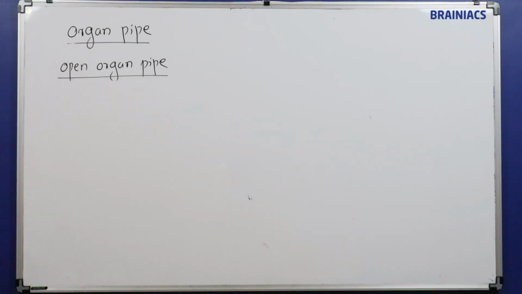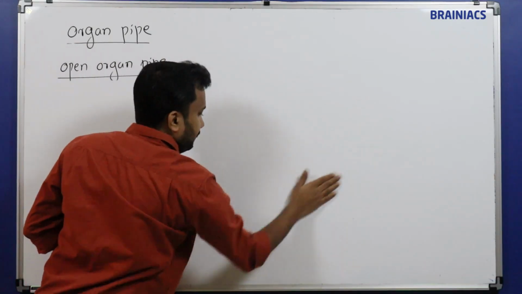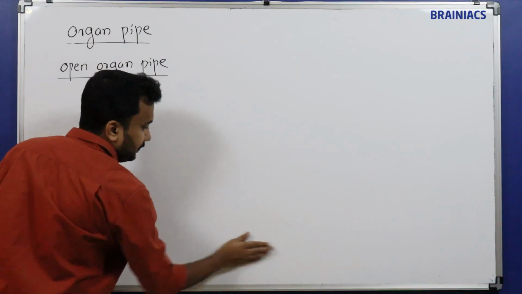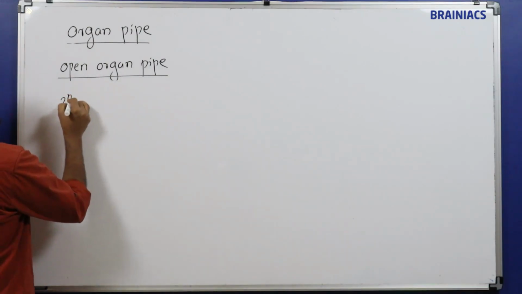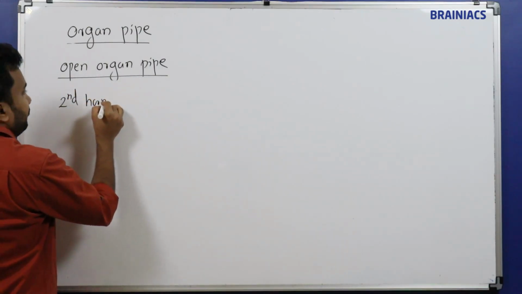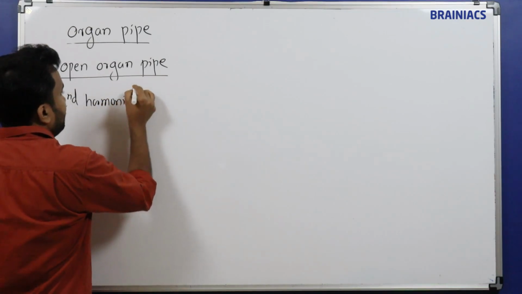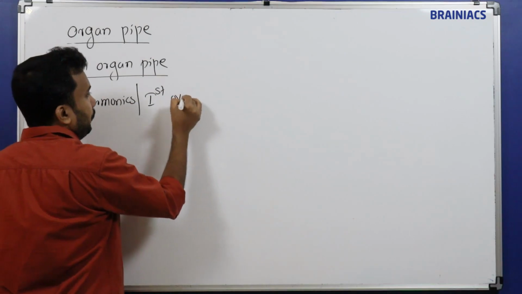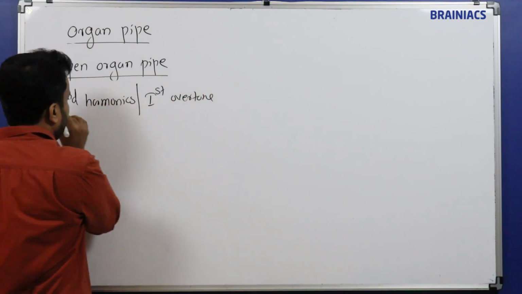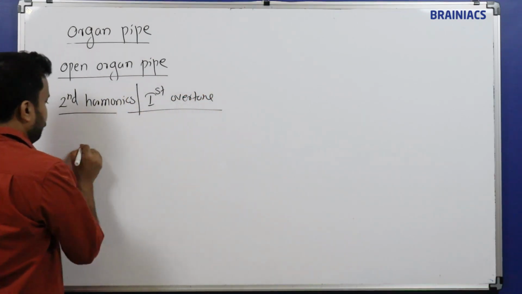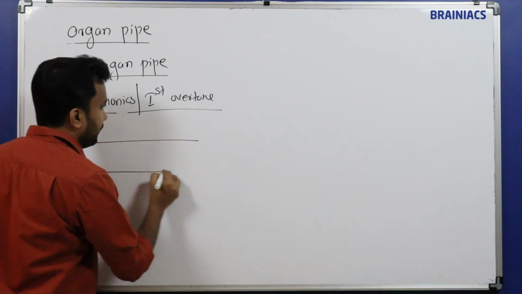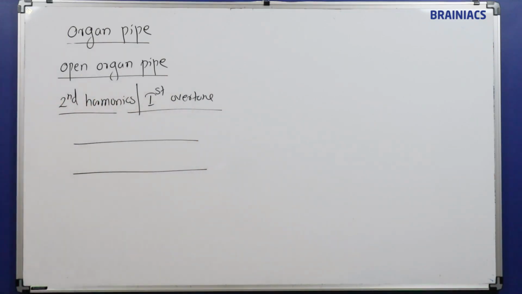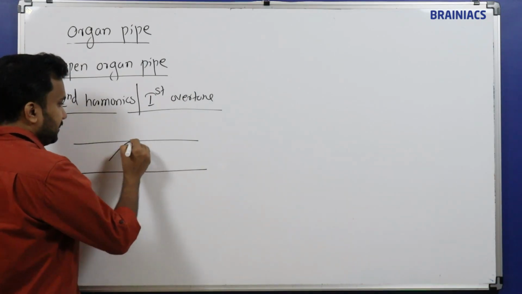Second harmonic in an open organ pipe is also called the first overtone. So how will the diagram be? Again the frequency equation will be the same. What is frequency? Frequency is equal to V by lambda.